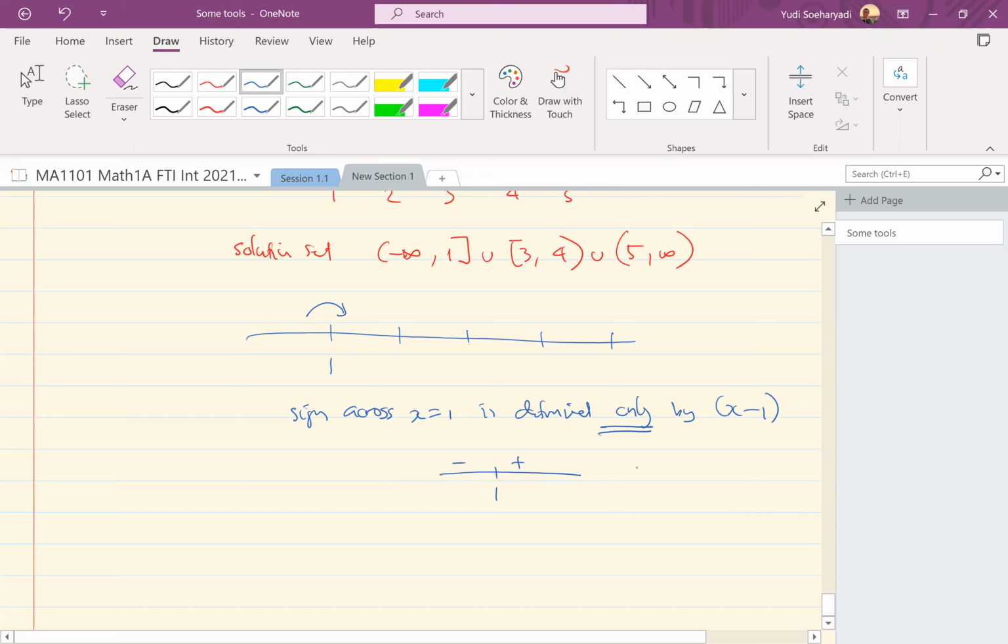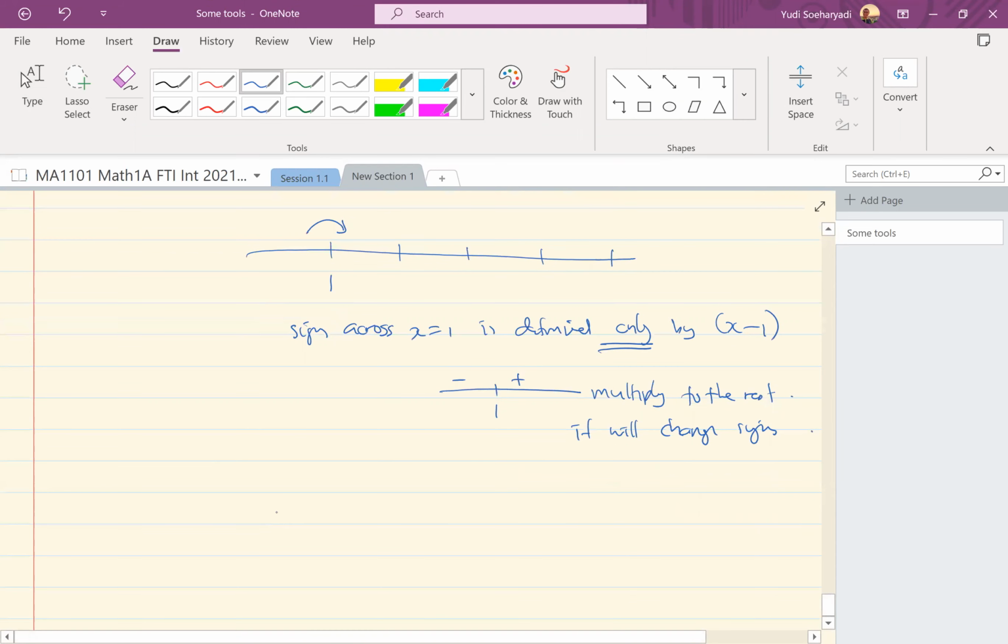If you multiply it by the rest, because it changed sign, the product will change sign. If you have a positive here, then because it changed sign, it becomes negative. Or if you have negative here, it becomes positive.